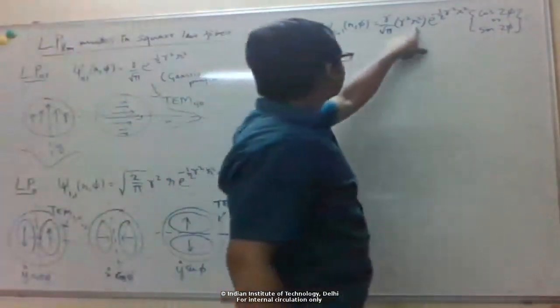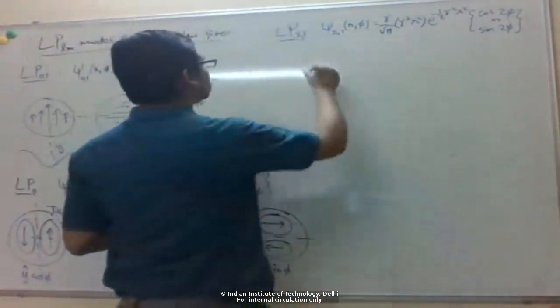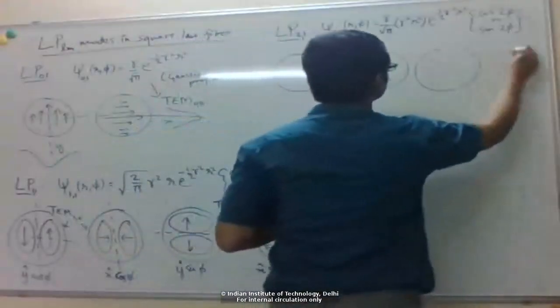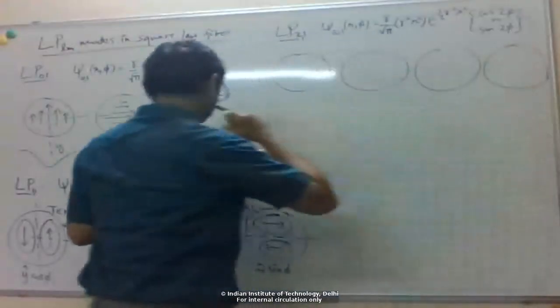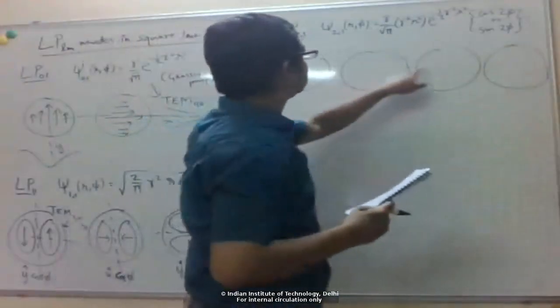Again we have an r square, so that means a null at the origin. Again we have fourfold degeneracy, and of course there is a null at the origin.